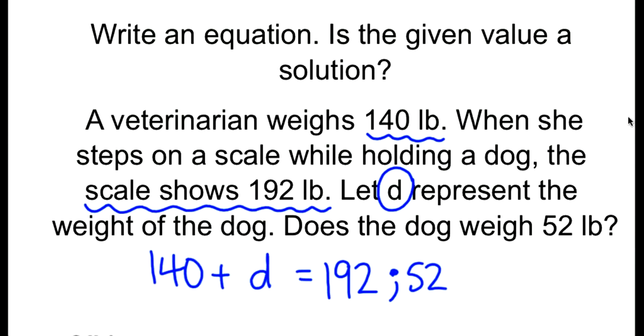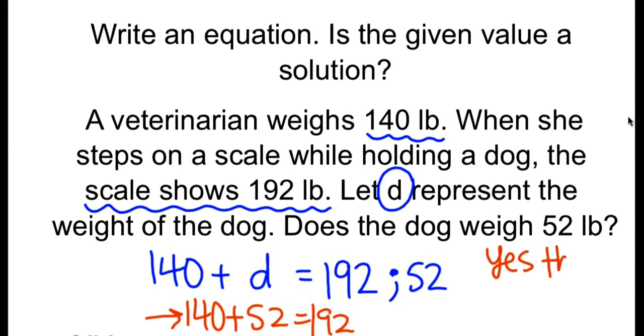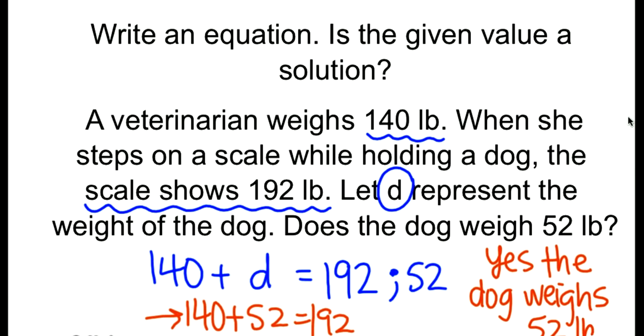So I'm going to substitute it in. So I have 140 plus 52 equals 192. And does 140 plus 52 add up to be 192? It does. So yes, the dog weighs 52 pounds.